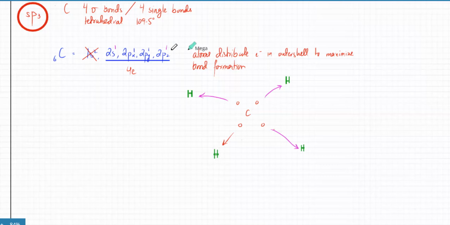Atoms can only distribute the electrons if there are empty orbitals available in the outer shell.